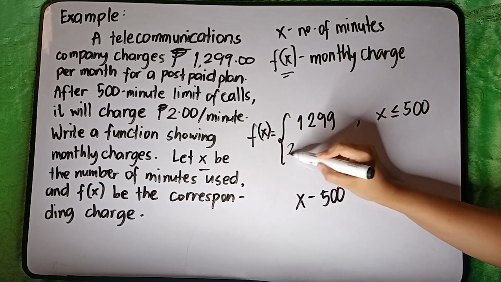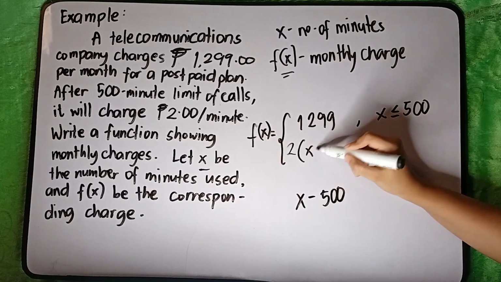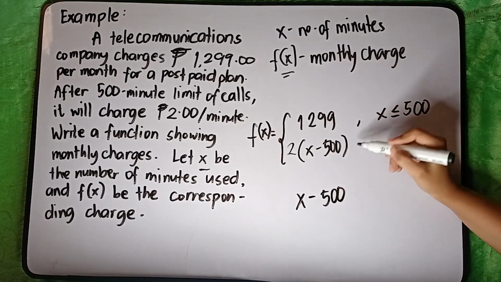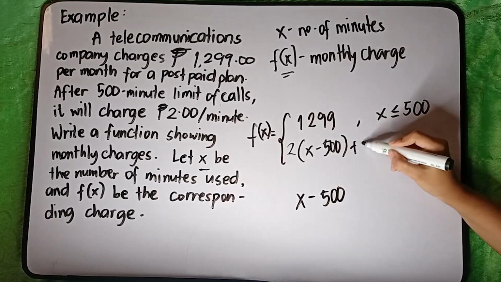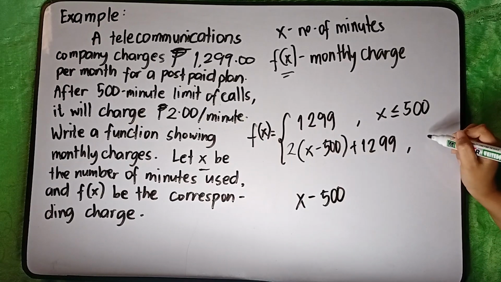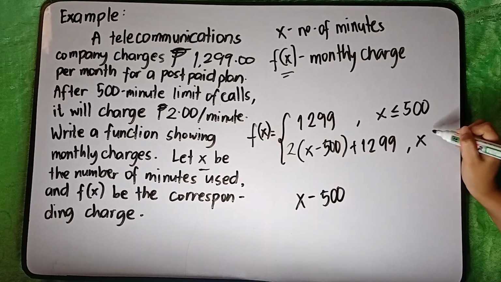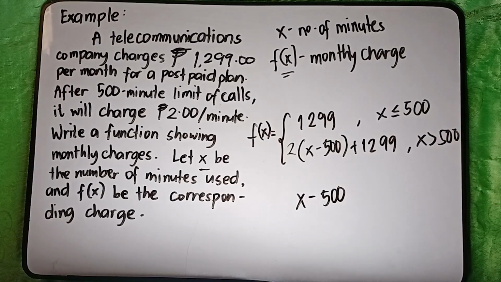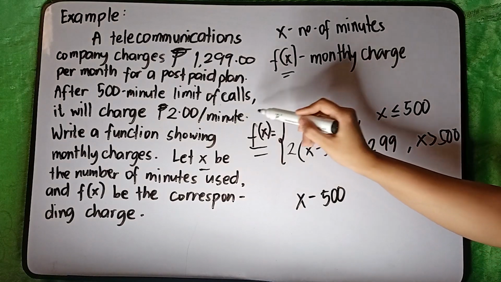So we have here 2 times x minus 500 plus the monthly charge, 1,299. So that is if your x is greater than 500. So now, class, this is the piecewise function showing the monthly charge for your postpaid plan.